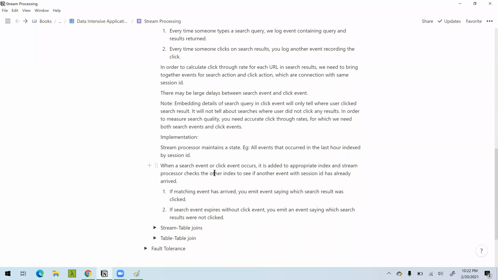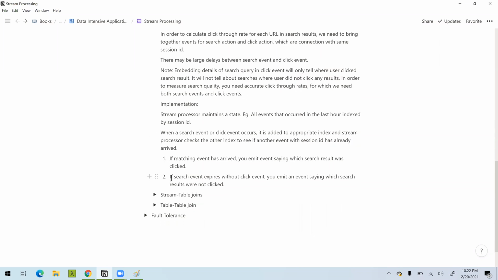And for a particular user search query, if we don't find any URL click event in the past 1 hour, then we can say that for this user search query, there were no clicks, right? So now we have both kinds of data: when the user clicked on one of the results of the search query and when the user did not click on any of the results.